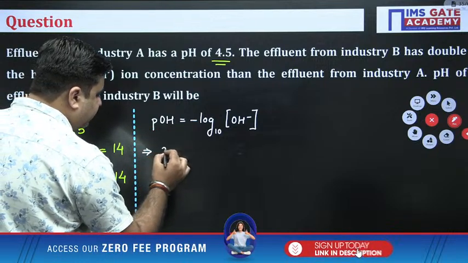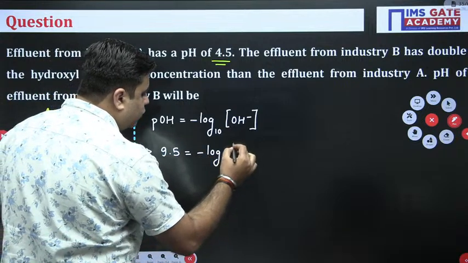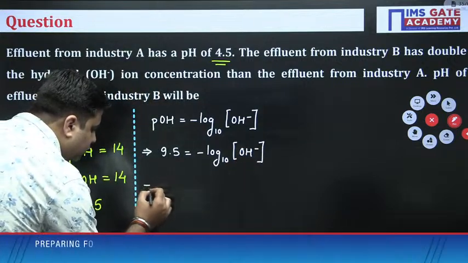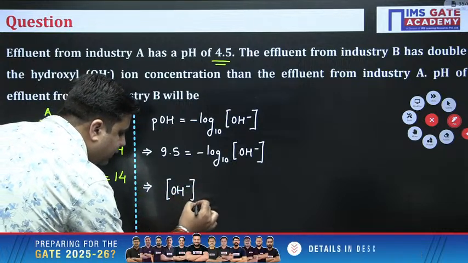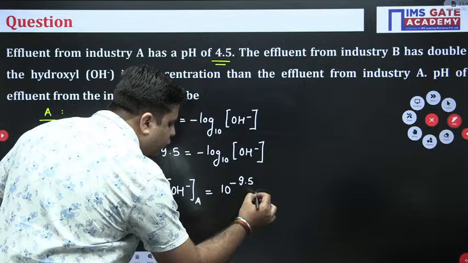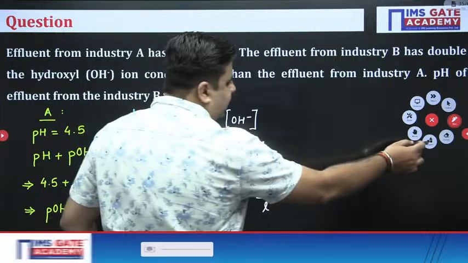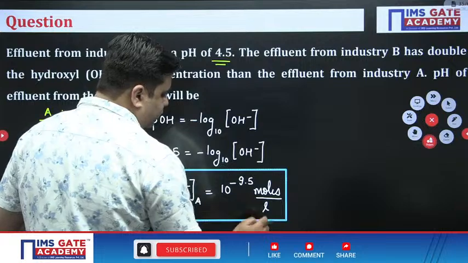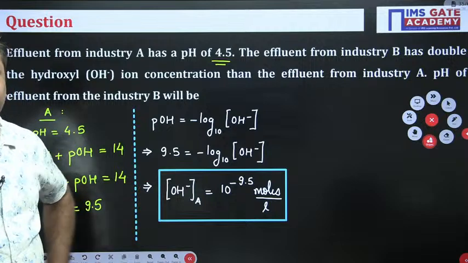So 9.5 is equal to negative log to the base 10 of OH minus ion concentration. So OH minus ion concentration for industry A will be 10 raised to power minus 9.5 moles per liter. That is your OH minus ion concentration for industry A.